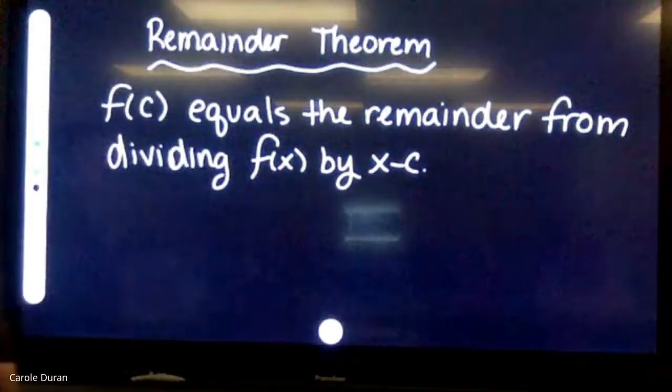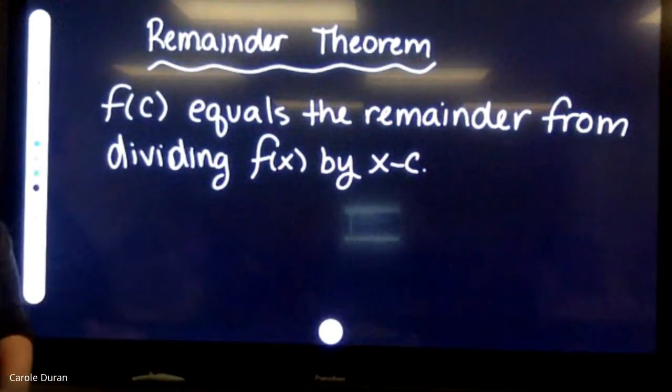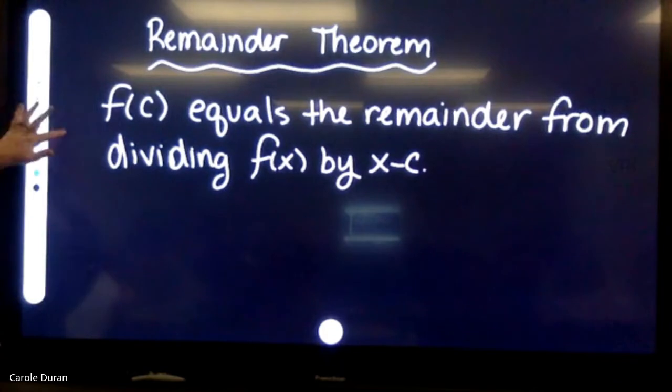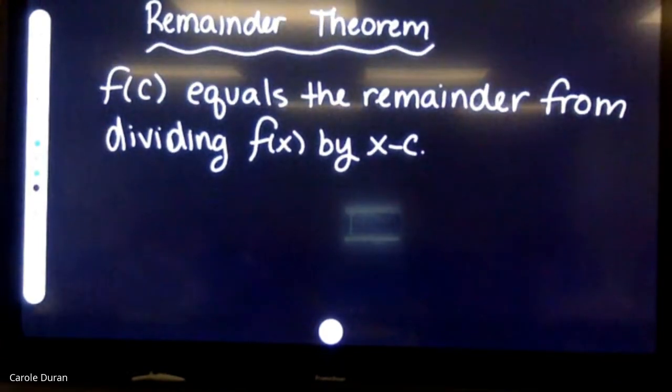So remainder theorem says that when I do a division problem, the remainder I get is the same answer I would get if I plugged that x value into my function and solved. F of c equals the remainder from dividing f of x by x minus c.